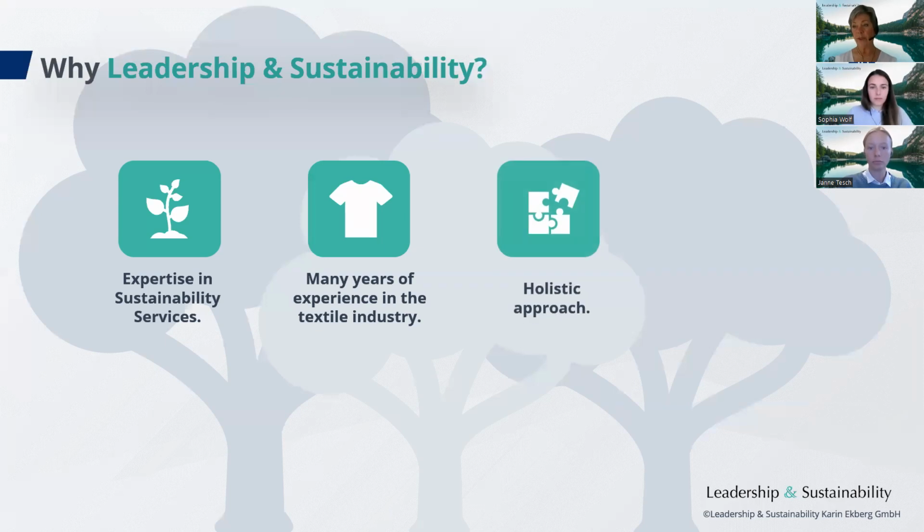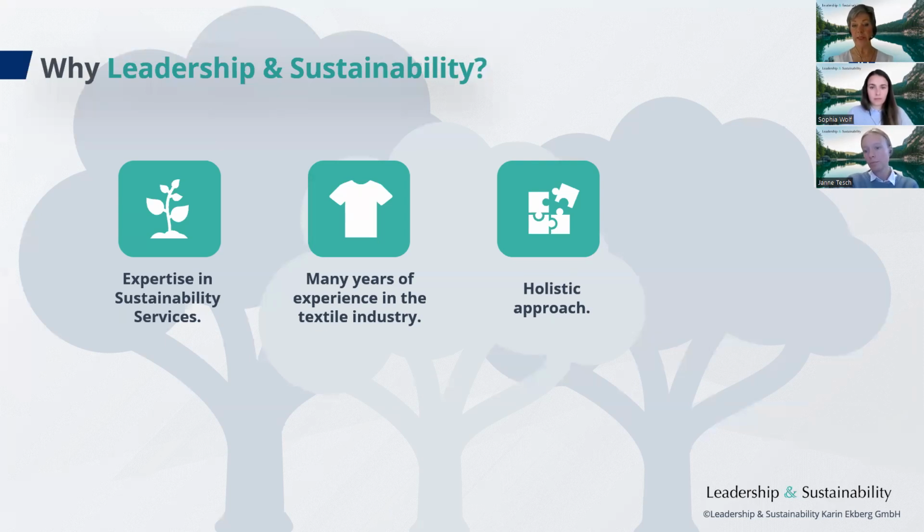We approach our projects with a holistic approach. So we take a lot of different factors into account: the size of the company, the country, the perspective of management, the perspective of workers, and of course also because we cover both the strategic area, let's say at brand level or at factory company level, management level, but also we have a really deep understanding of manufacturing.